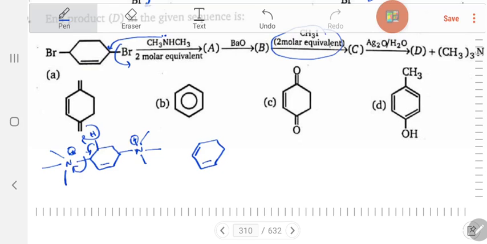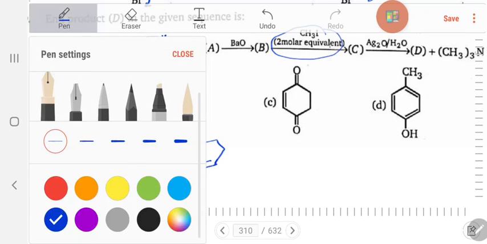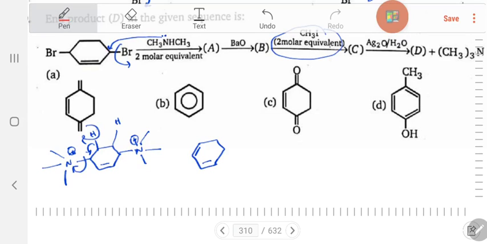The same thing is possible here also. The base will abstract this hydrogen, then this bond will be shifted here and this bond will be shifted here, so that leads to bond formation here. So overall the product obtained will be benzene. So this is the correct answer.